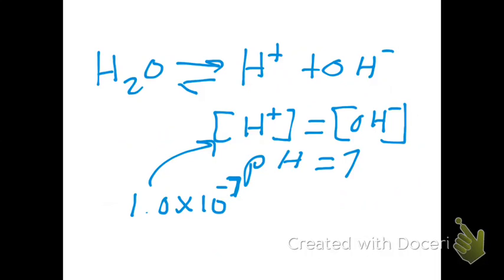So if we plug this into our pH equation, take the negative log base 10 of 1.0 times 10 to the minus 7, then that equals 7. Alright? So, water has a pH of 7. Equal number of H pluses and OH minuses.